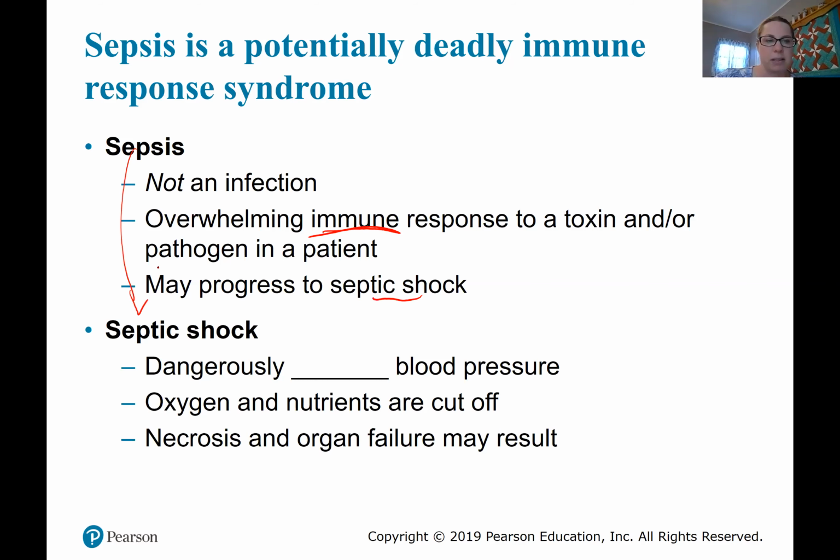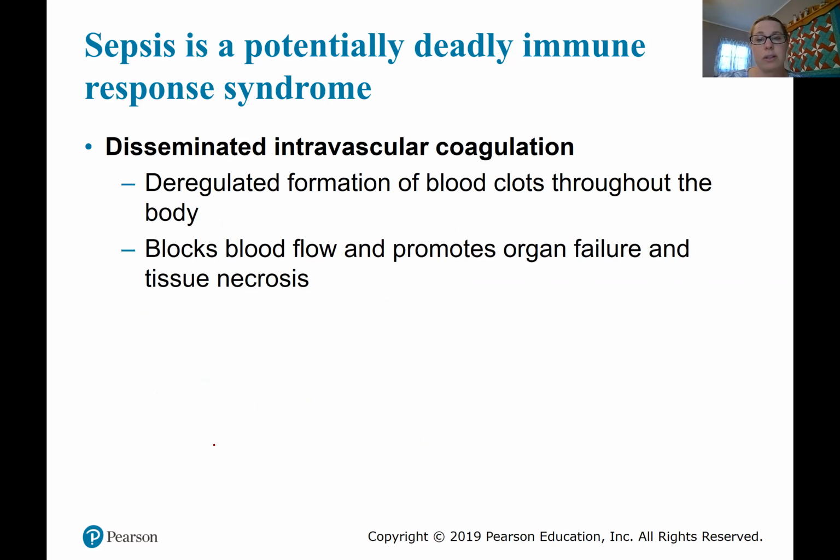And sepsis, when it leads to septic shock, you can experience low blood pressure. And because of that, oxygen and nutrients can be cut off. And when that happens, there could be organ failure and necrosis. And if you want to jot down, necrosis is basically death of tissues. They're basically starving for oxygen and nutrients. Okay. And another thing that happens during septic shock is disseminated intravascular coagulation.